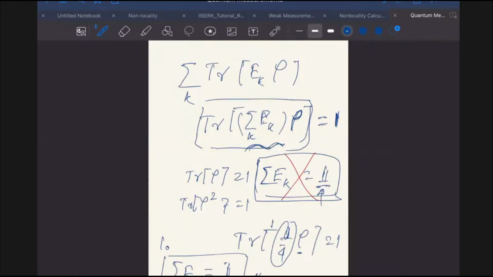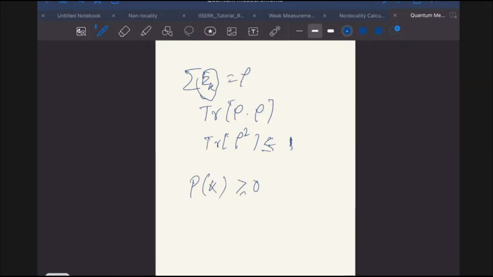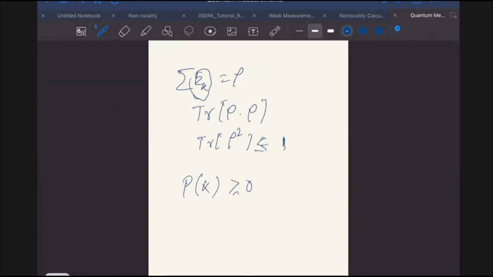Yes. This is just coming because the probability of k should be greater than or equal to 0. So I had this one: trace of E_k rho is greater than 0.